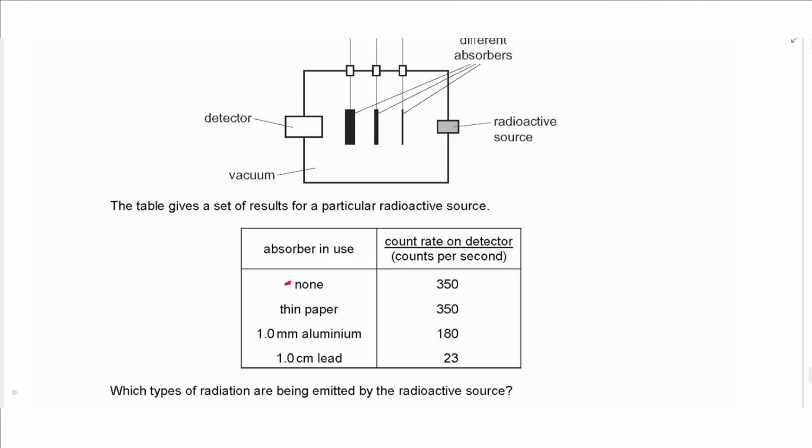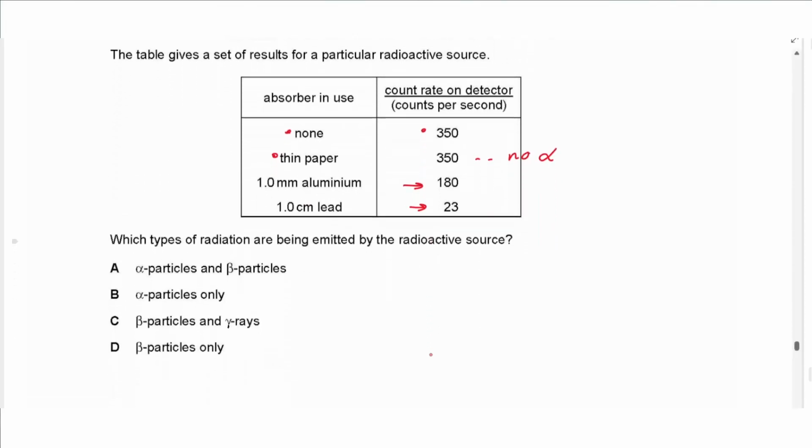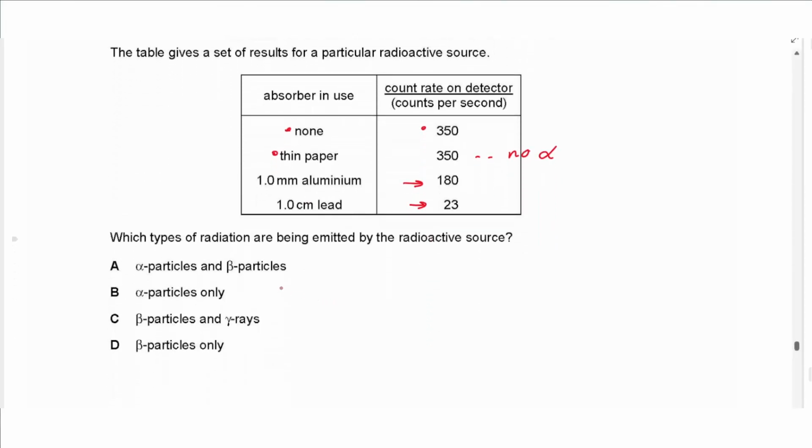When there is no obstruction, the reading is 350. When a thin paper is lowered, reading still 350, so no alpha particles. It decreases when we use 1 millimeter of aluminium, and it decreases again when we use lead. So beta particles and gamma rays are present. So beta and gamma rays only. So the answer is C.